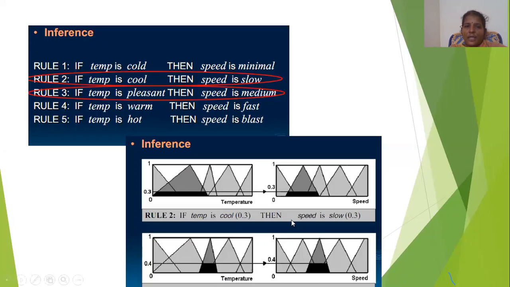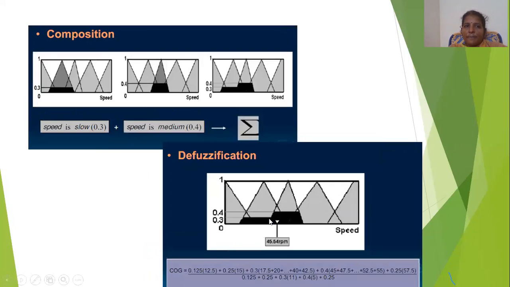Then considering composition of both the fuzzy sets, the temperature as well as fan speed, you are combining the two fuzzy rules, resulting in the optimal temperature and optimal fan speed. In defuzzification, you are converting it into a crisp output.